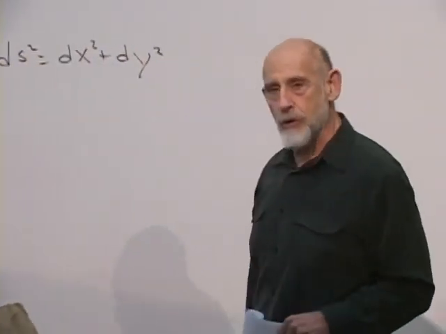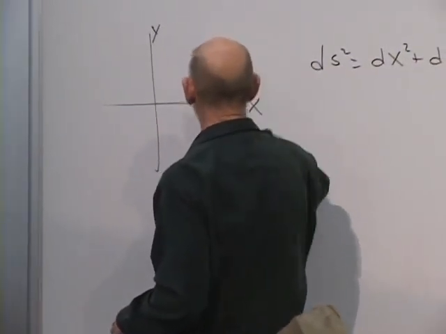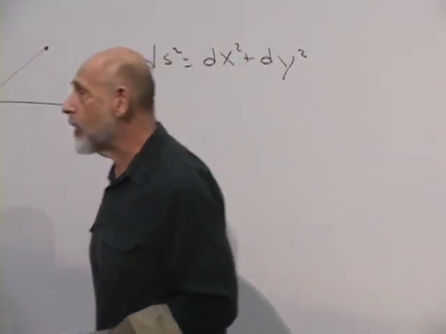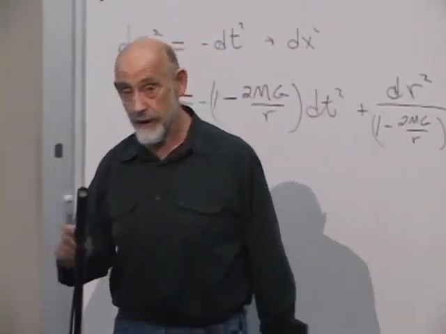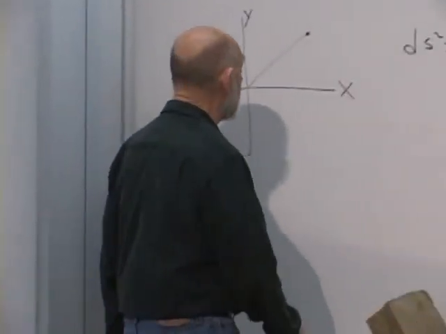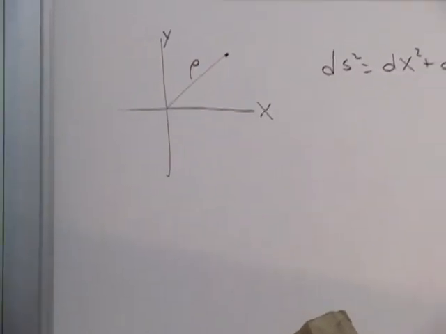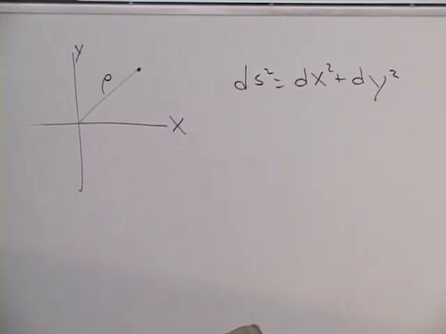Now let's go to polar coordinates. Polar coordinates means we characterize a point by a distance, which I won't call r because I don't want to confuse it with this r over here. It's a different thing. Let's call it rho, the Greek letter rho, which is sort of like r. And what's the other variable? Theta, angle.